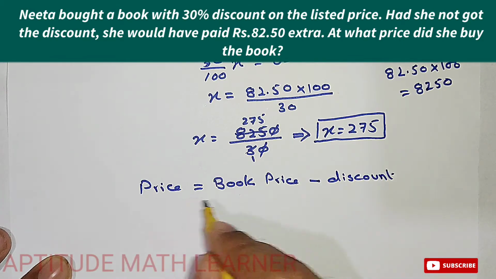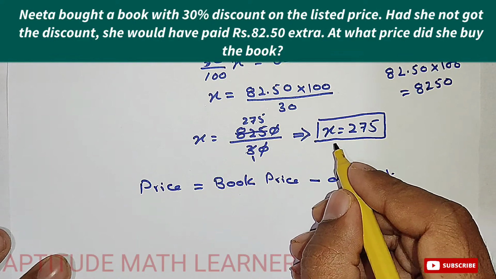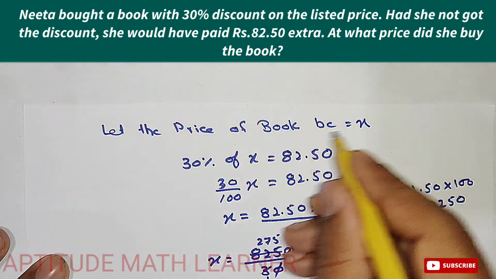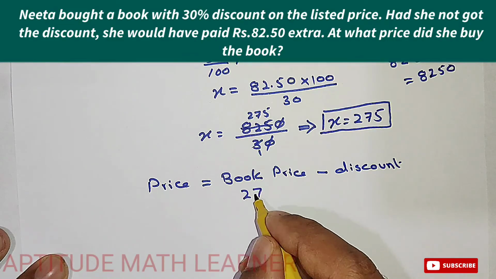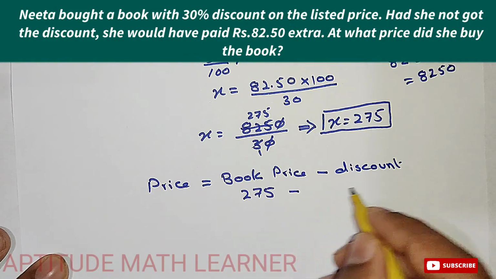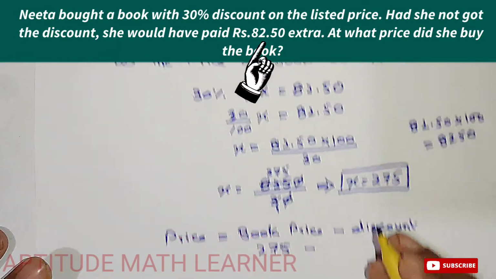This is the original book price, and we have taken X as the price of the book. So X is equal to 275 minus the discount she got, that is 82.50.